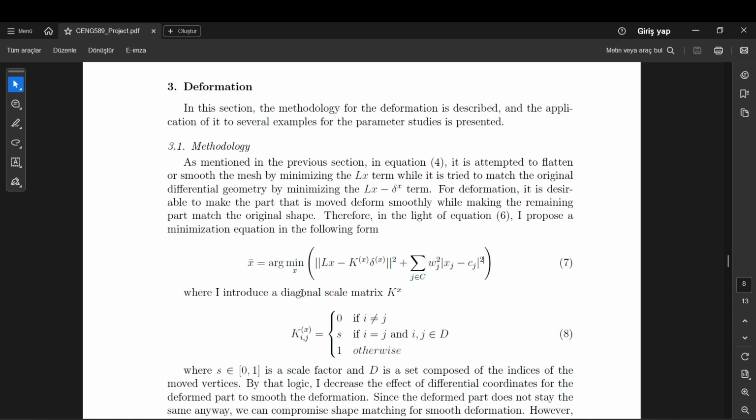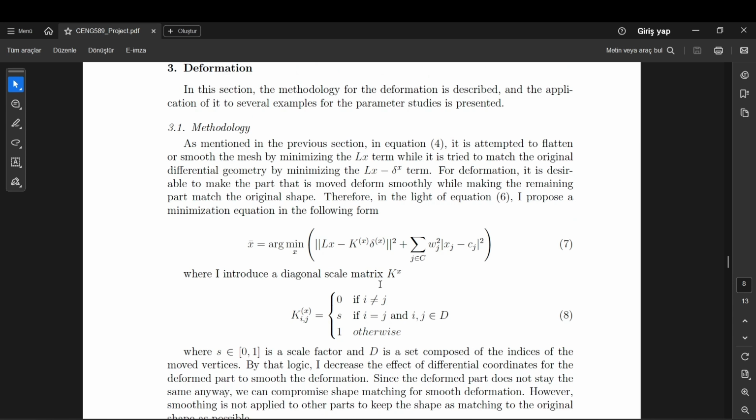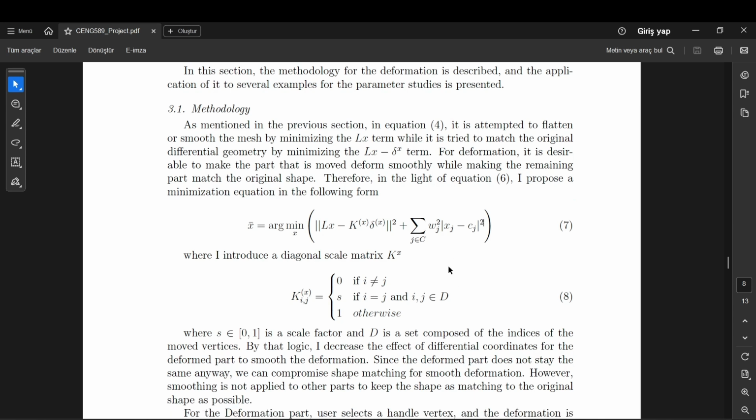Here I introduced a diagonal scale matrix K, where K is equal to 0 when I does not equal J, so K is diagonal. It equals S if I equals J and I and J are in D, where D is a set composed of the indices of the moved vertices, and it equals 1 otherwise. This S is a scale factor bounded between 0 and 1.